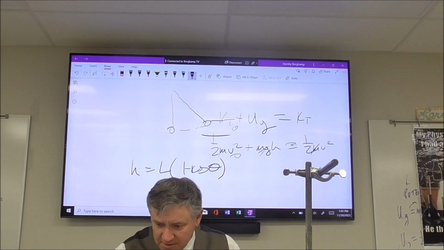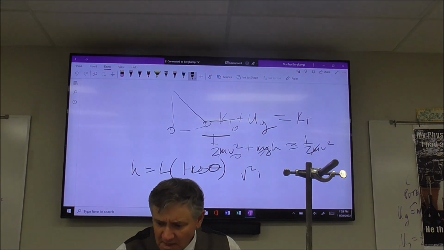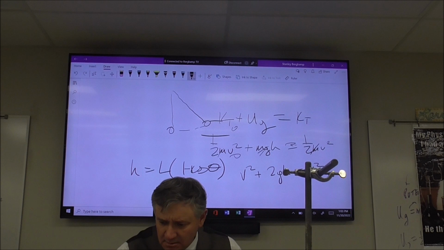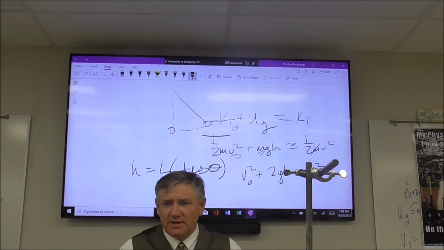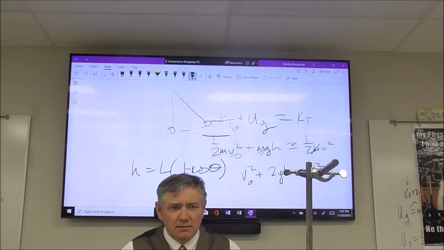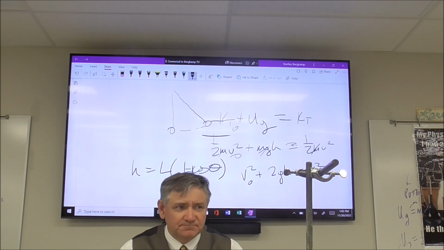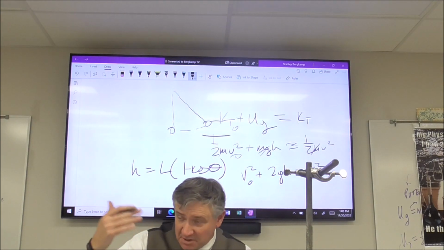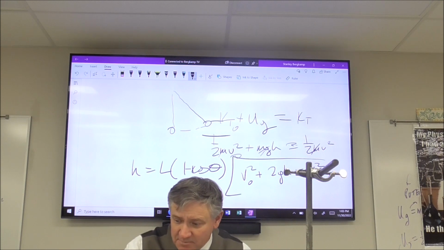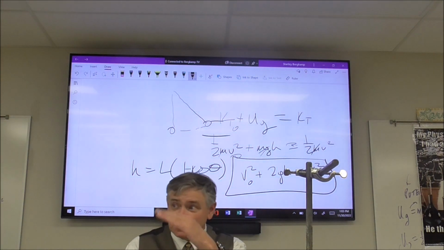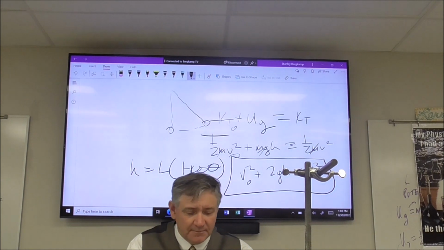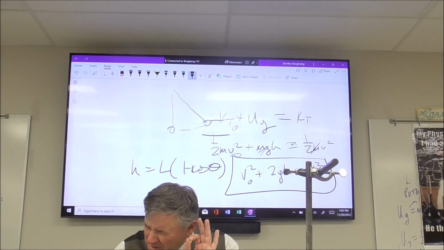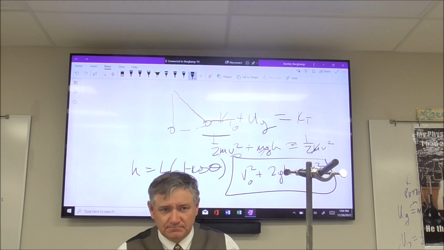I can multiply by 2, and I get v squared plus 2gh equals v squared, otherwise known as that equation. So if you start with the energy perspective, you end up with that equation, or you can just start with that equation. But the answer to 2A should be a little bit above 4 meters per second.